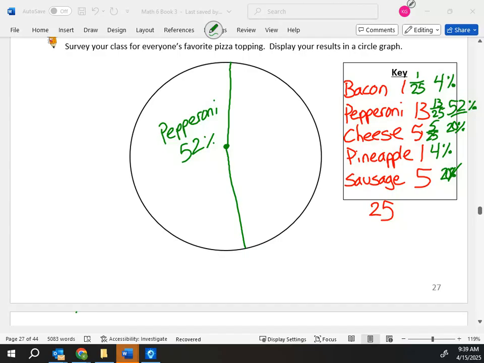Now my next two biggest, 20% and 20%. It's not quite half, right? Because half would have been 50%. So I'm going to say, okay, we'll go like that. And then I have to break this in half because there are 2 that are 20%.